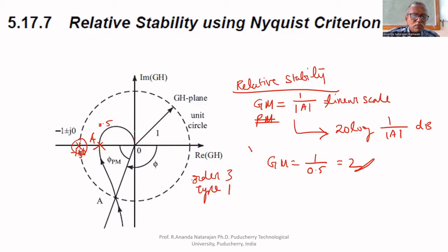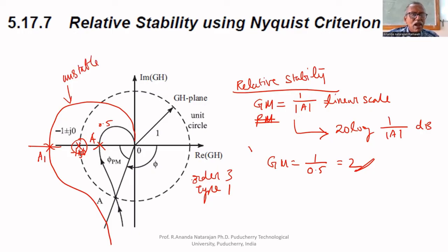Suppose this plot goes like this. Here it intersects A1. Here the system is unstable because it encircles minus 1, since P equal to 0. Therefore, here, what is the gain margin?